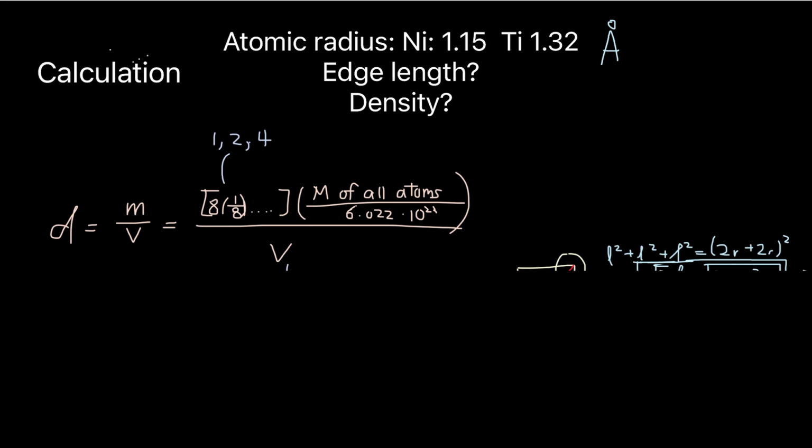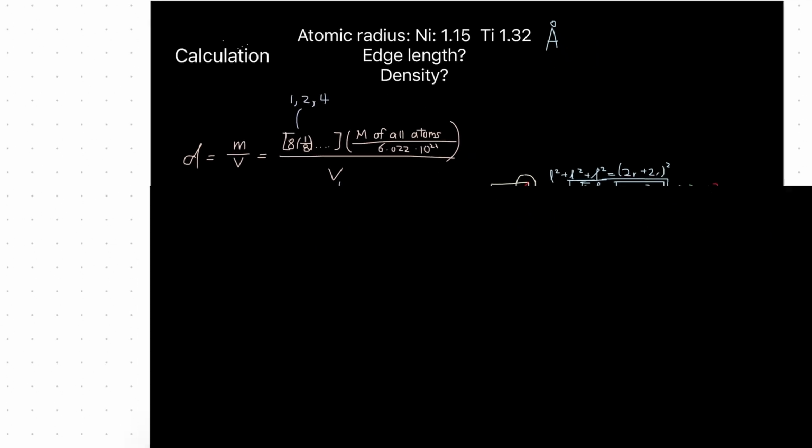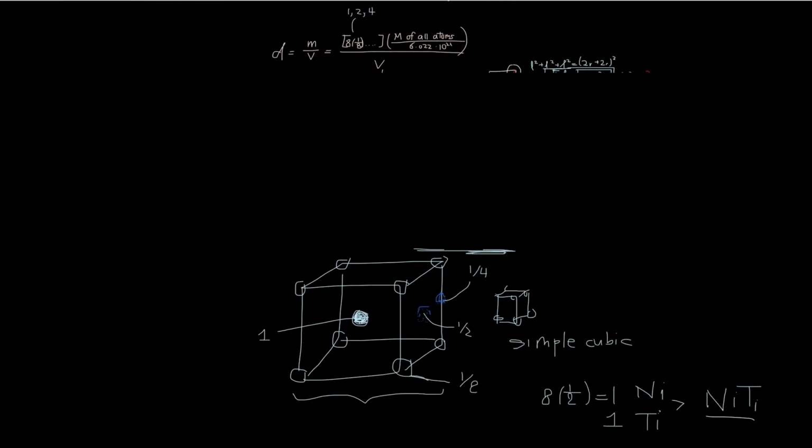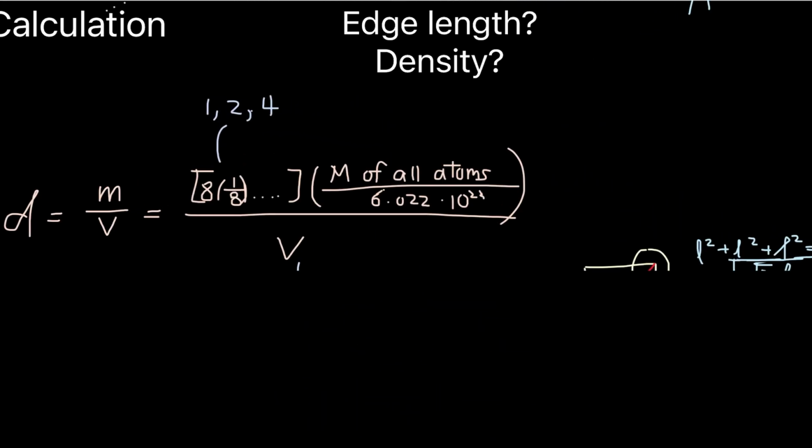Sometimes it's just one atom, which is really convenient, but sometimes it's a compound, where here we have 2 atoms together. So you're going to use the molar mass of all the things in that unit cell divided by Avogadro's number to get the mass per atom.